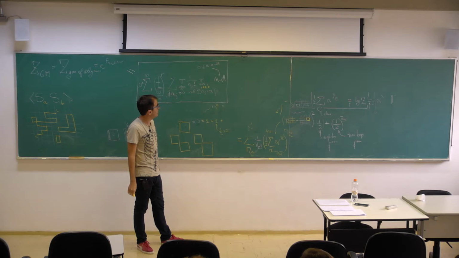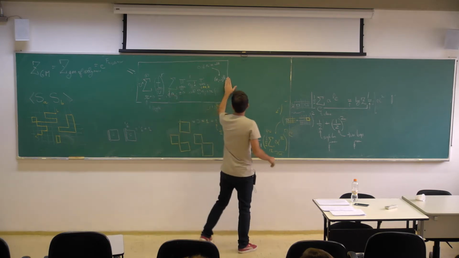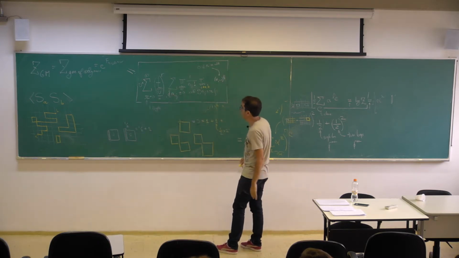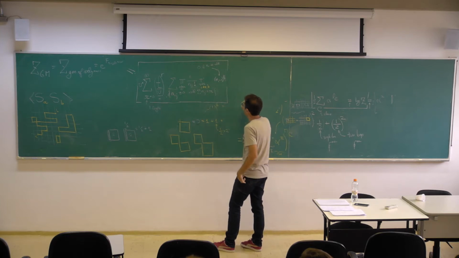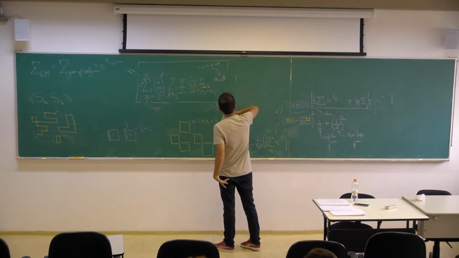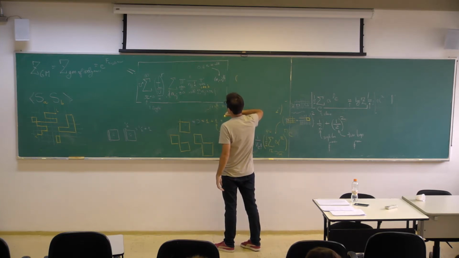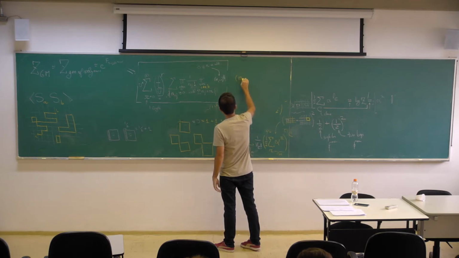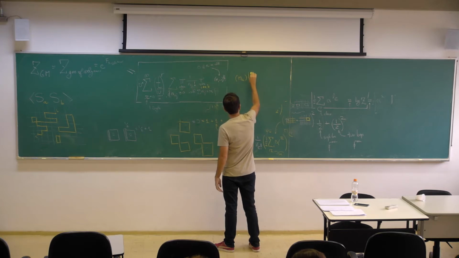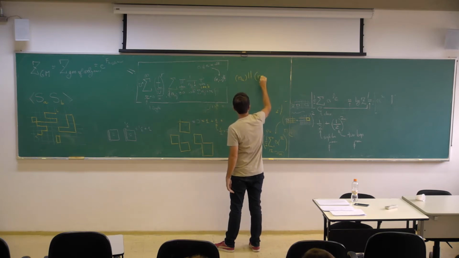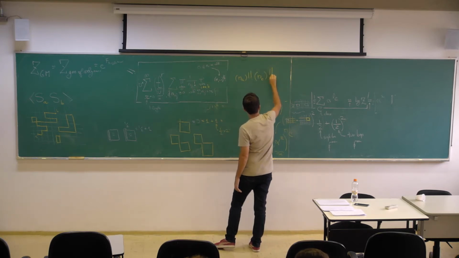You agree? What about A and B? I will get NA plus 1 minus 1. Exactly. So, I would get NA double factorial, NB double factorial.